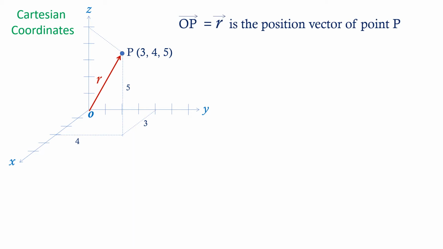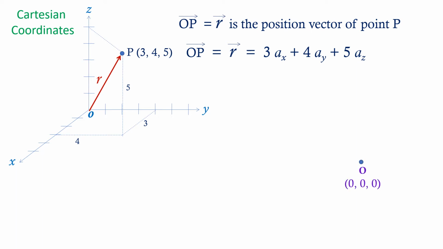OP bar, or otherwise R bar, is called the position vector of the point P. This R bar can be written as 3ax plus 4ay plus 5az in the directions of the x, y, and z axes.